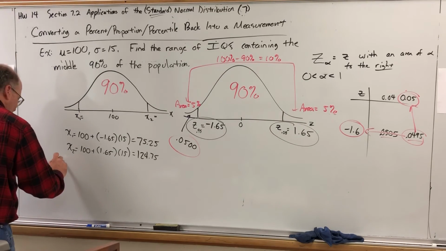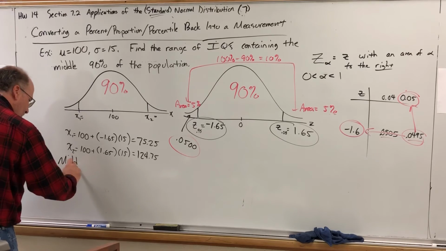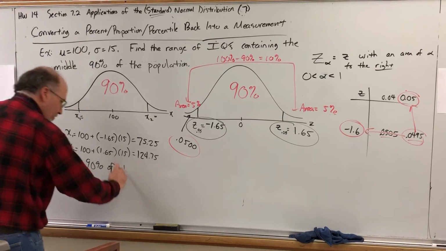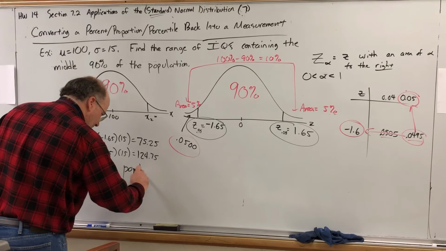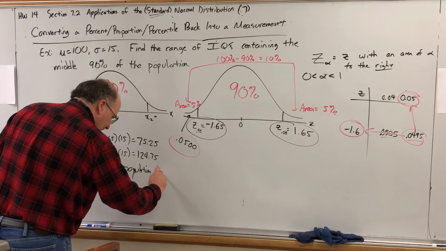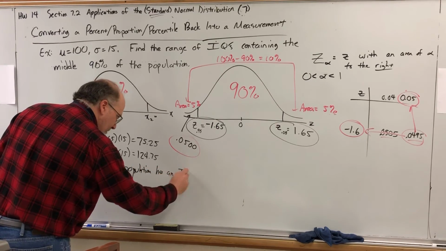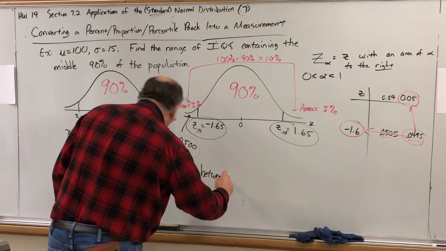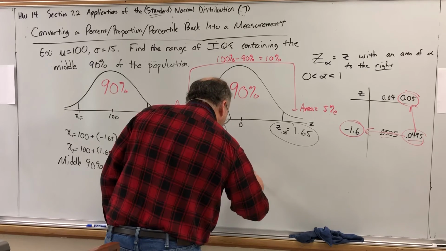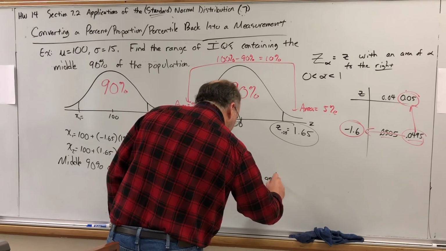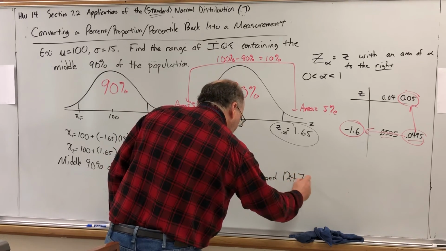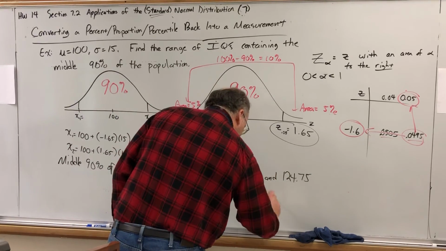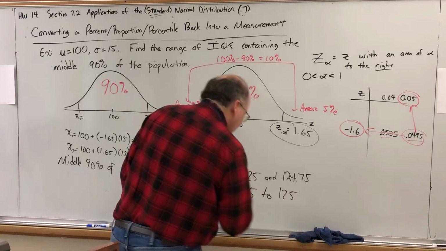This means that the middle 90% of the population has an IQ between 75.25 and 124.75. Or if we rounded it off, from 75 to 125.